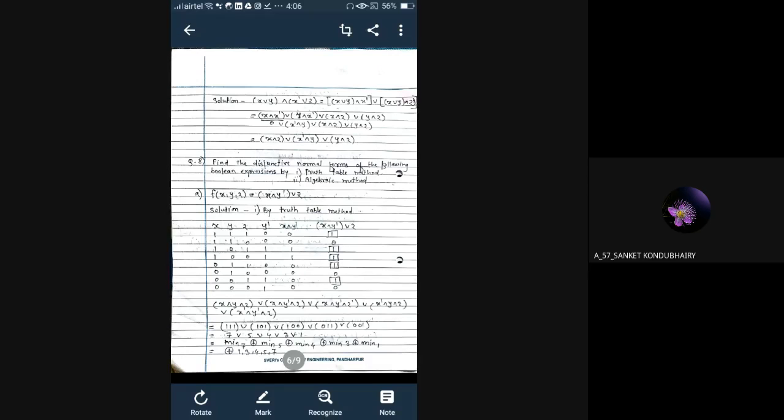So this one is for x, y, z values 1 1 1. So x and y and z. Correct, this is our first minterm. Second minterm: here we have written 1, and for this one values of x, y, z are 1 0 1. Means what? X and y's complement and z.